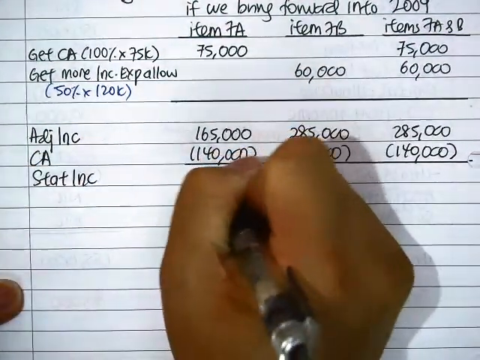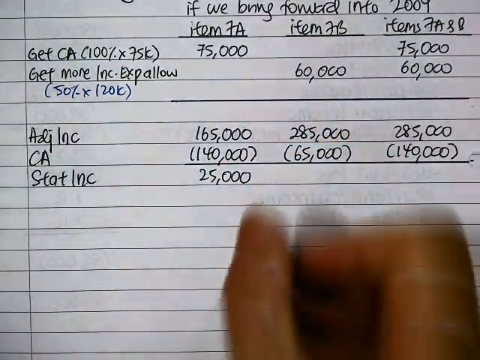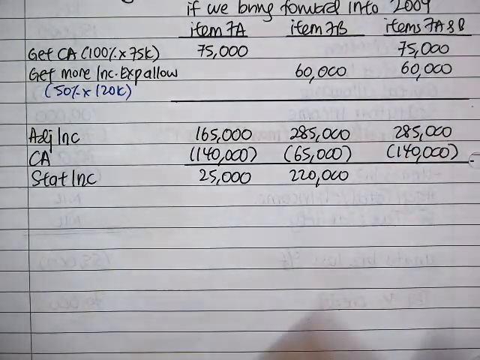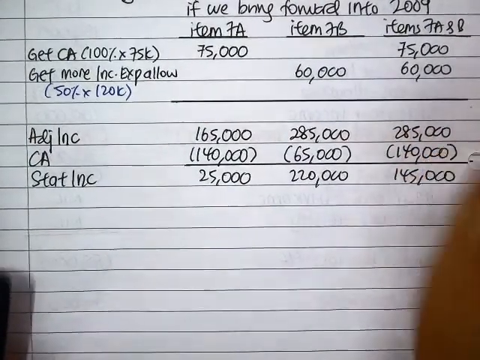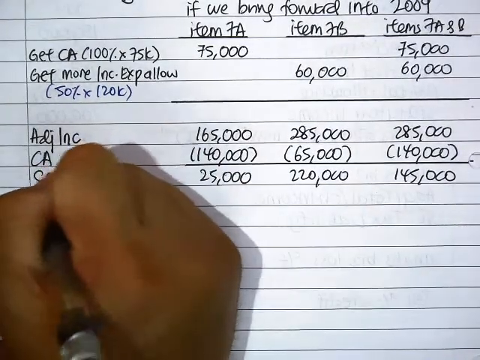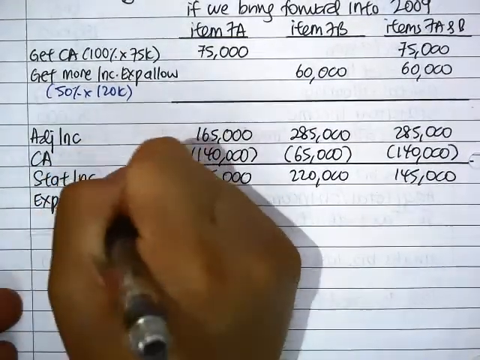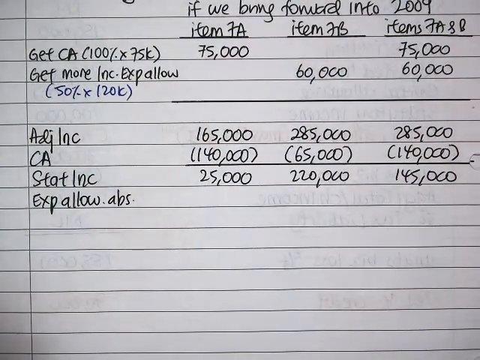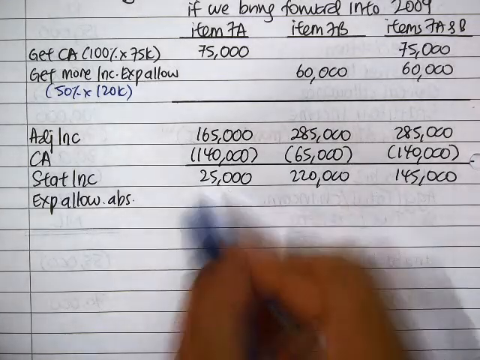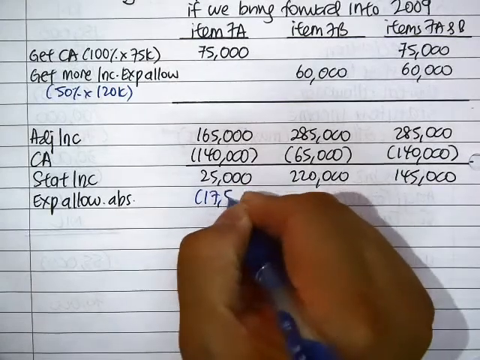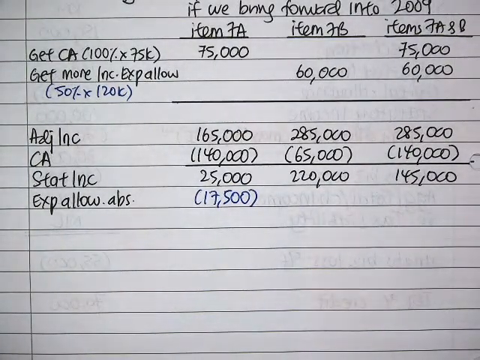So the statutory income is 25, 220, 145. So from the SI, you will claim export allowance. Now in this case, most you can claim is just 70% of the 25. That means you get 17,500.